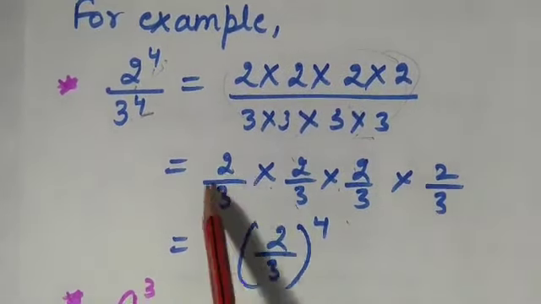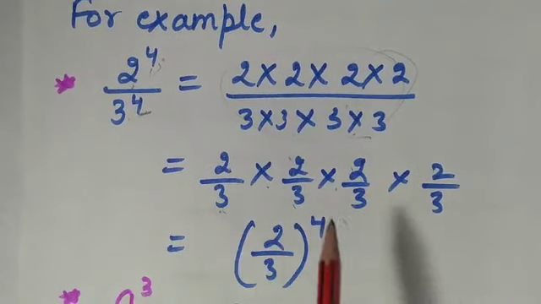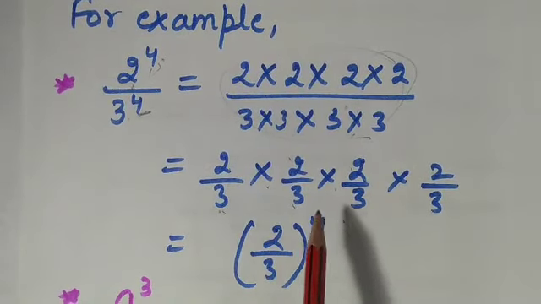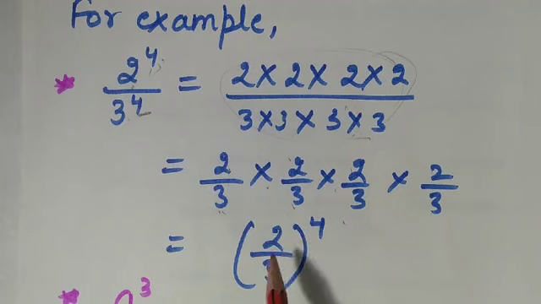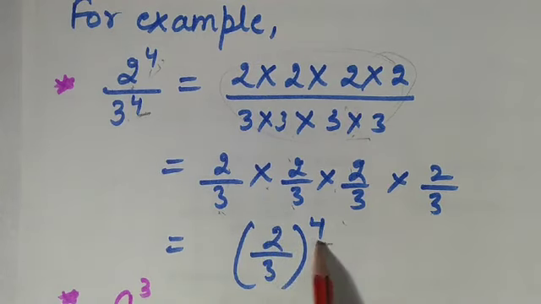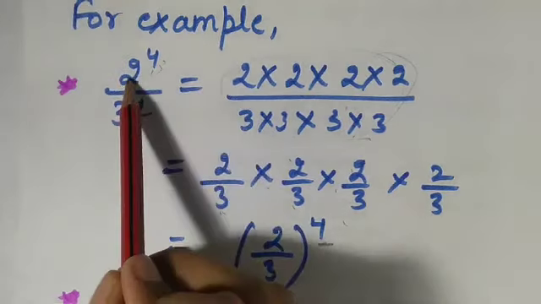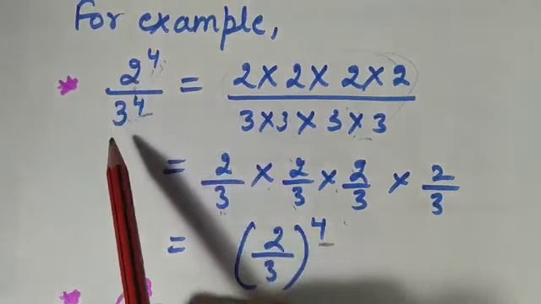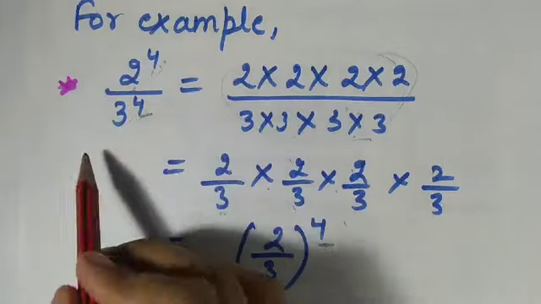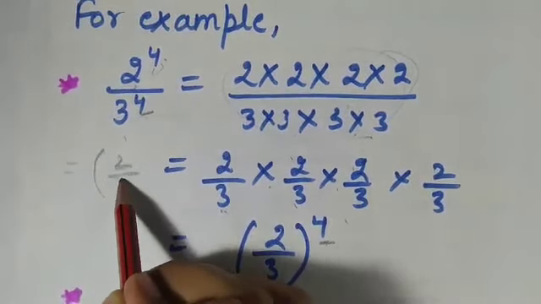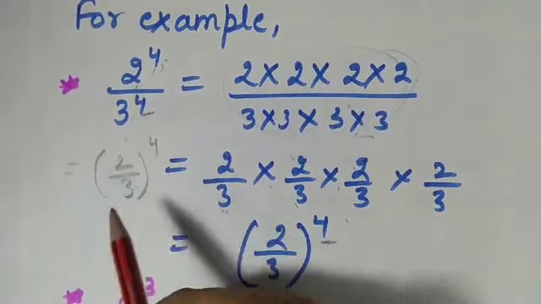Now I am observing that 2 by 3 is multiplied 4 times, so in exponential form this can be written as 2 by 3 whole raised to the power 4. So 2 raised to the power 4 divided by 3 raised to the power 4 will be 2 by 3 whole raised to the power 4.